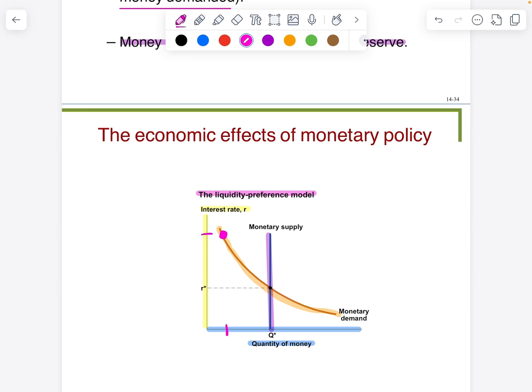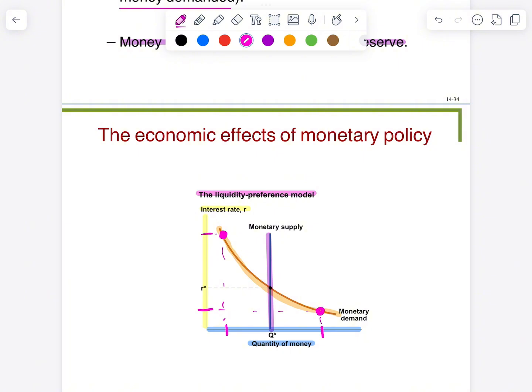So when the interest rate is high, the quantity of money held is going to be really low. And if the interest rate were to go down, like down here, then it would align over here on the graph. So the quantity of money that people would hold would be a lot more when the interest rate's lower. That shows the relationship on this graph, and I think that's really important to understand.